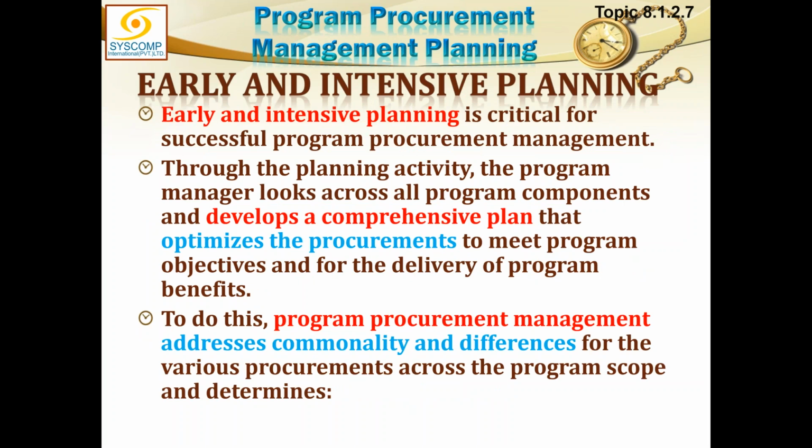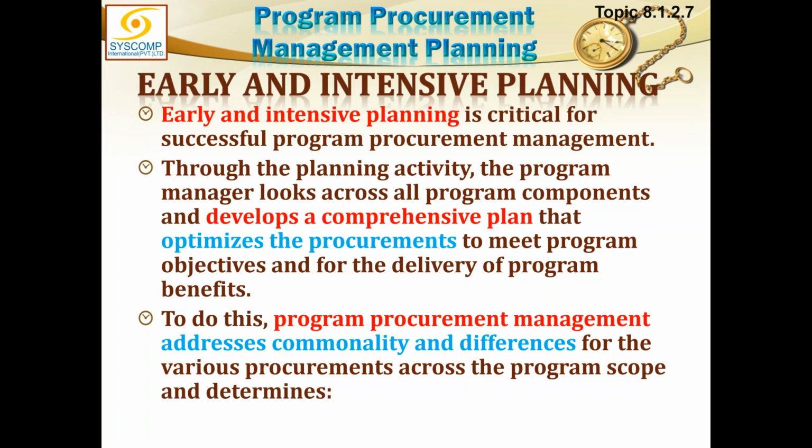We need to do some early and intensive planning, which is critical for successful program procurement management. Through the planning activity, the program manager looks across all program components and develops a comprehensive plan that optimizes the procurement to meet program objectives and for the delivery of program benefits.